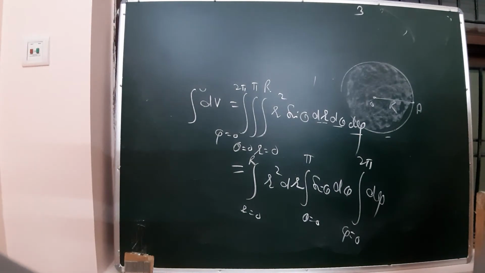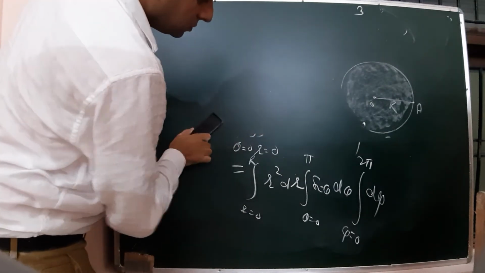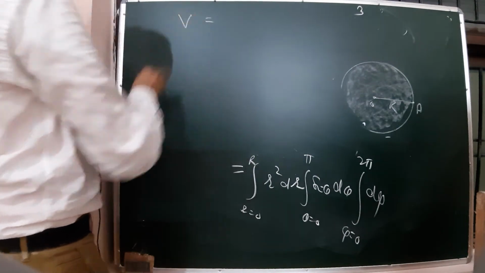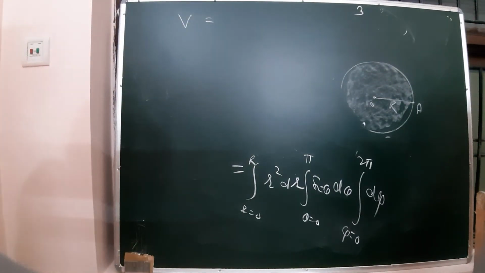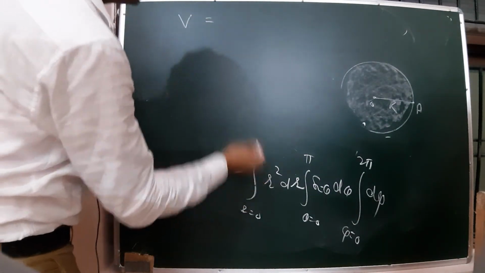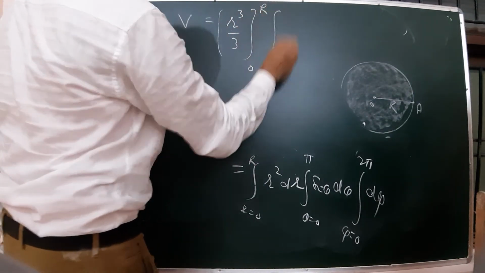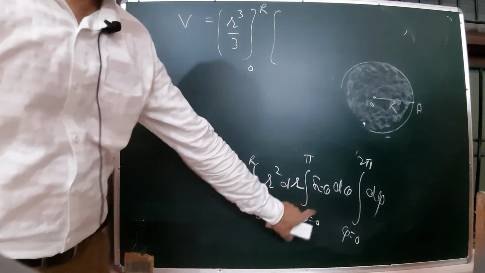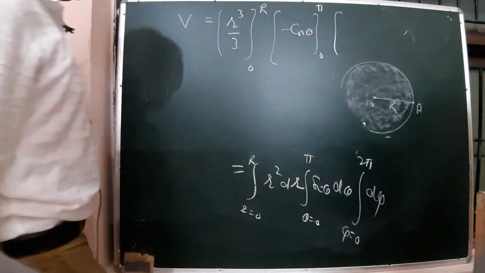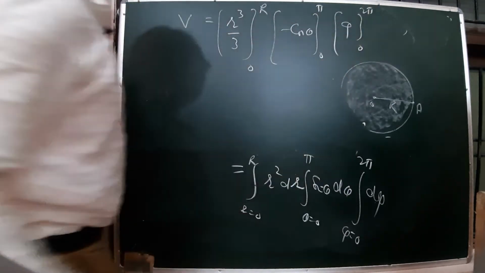In this way we will get the integrations for all terms on the right hand side. On the left hand side I am writing the integral of dV as V only. Now, we know that the integral of r square is r cube by 3 from 0 to R. Again, the integral of sin theta is minus cos theta from 0 to pi, and the third one, the integral of d phi is phi from 0 to 2 pi.